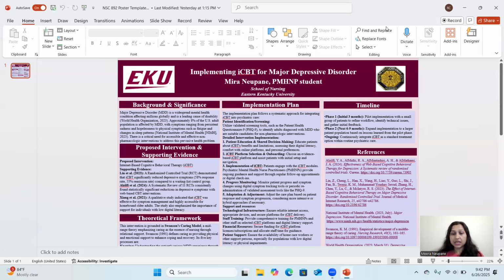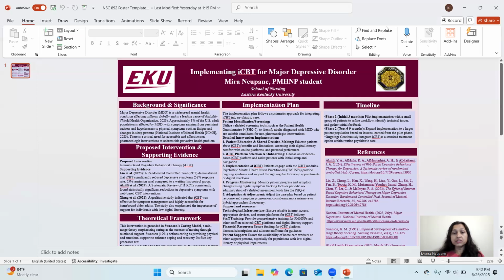Third, we need to implement the internet-based cognitive therapy itself. To implement it, psychiatric mental health nurse practitioner therapists can provide ongoing guidance and support through regular follow-up appointments and digital check-ins.